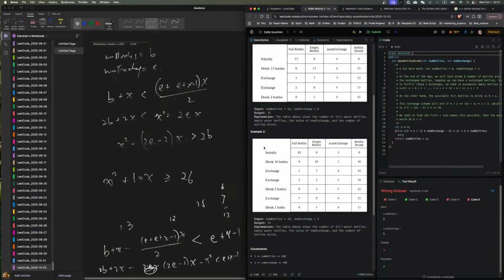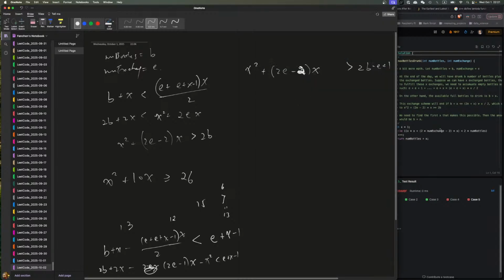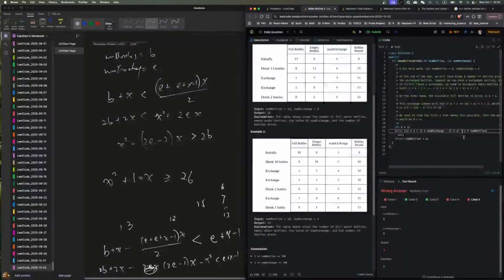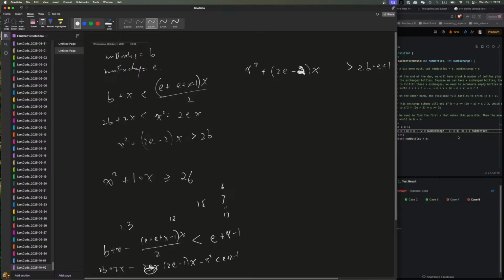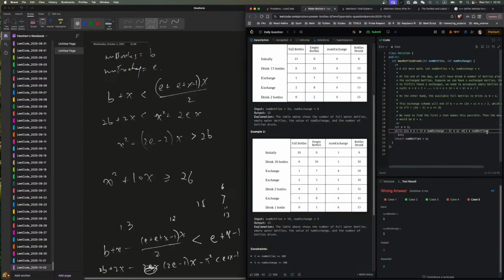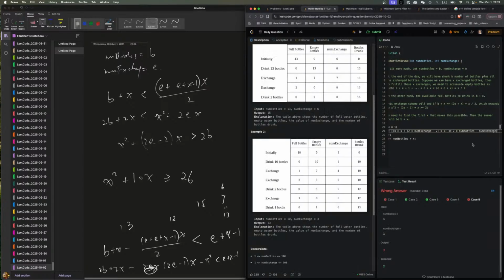So x squared plus 2e, well, it's smaller or equal to, well, this is larger than LVN, so 2 times bottle minus num exchange, right, minus num exchange plus 1.